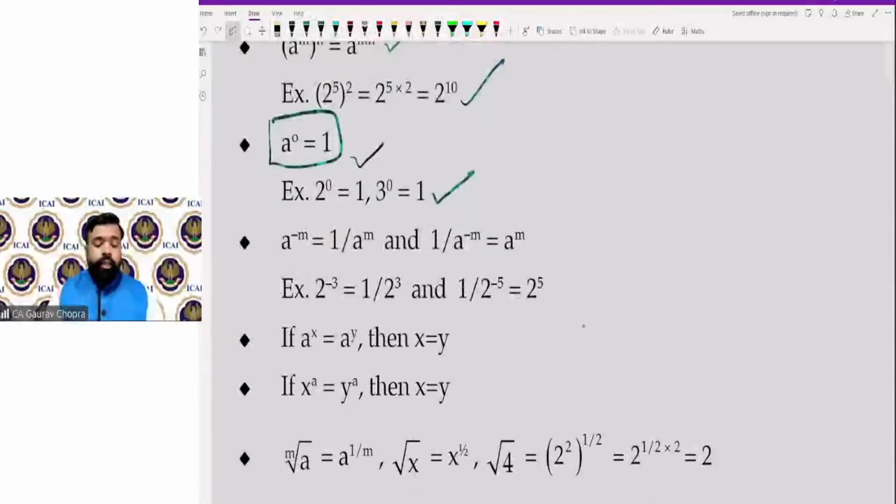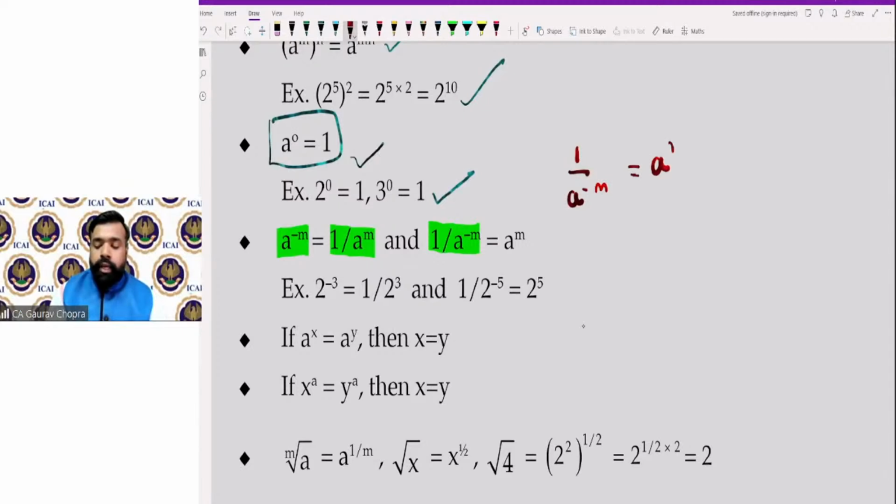Then the next one, if the power is negative, a to the power of minus m, then we can send this into the denominator. It will become 1 upon a to the power of m. Or the reverse can also be done if it is written as 1 upon a to the power of minus m. In the denominator, if the power is negative, we can bring it into the numerator.